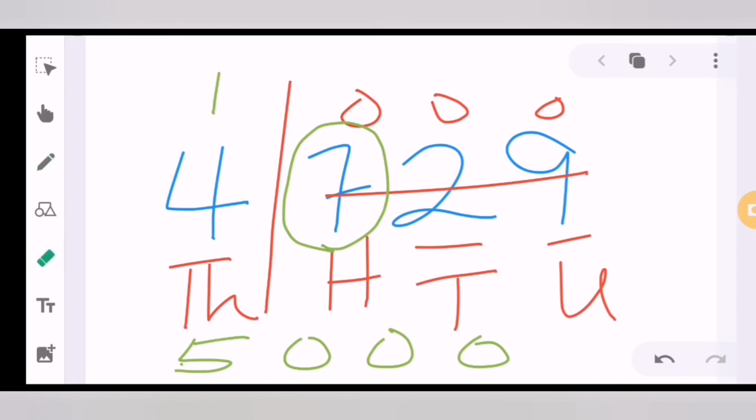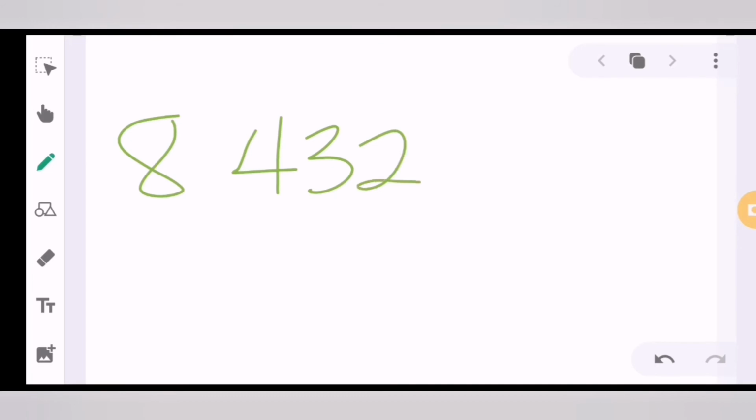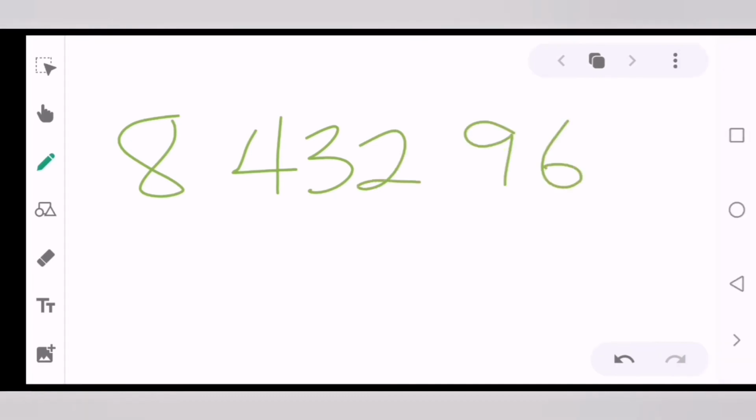Now let us look at an example of rounding to the nearest million. We have 8,432,961 to the nearest million.